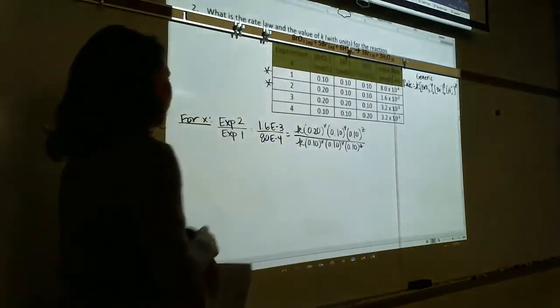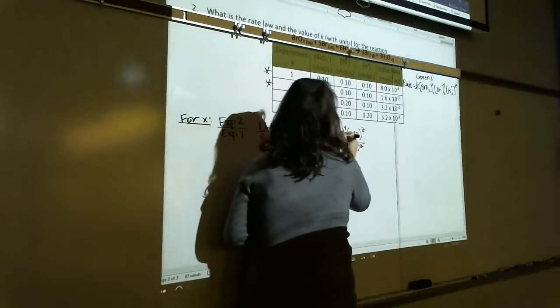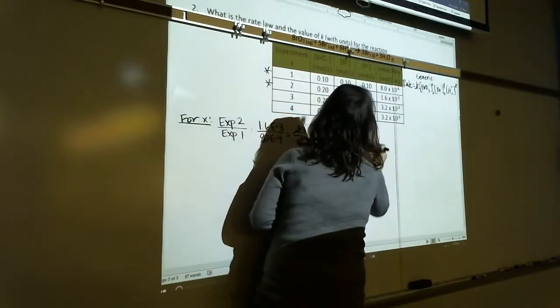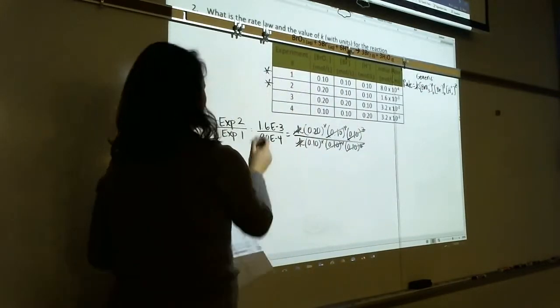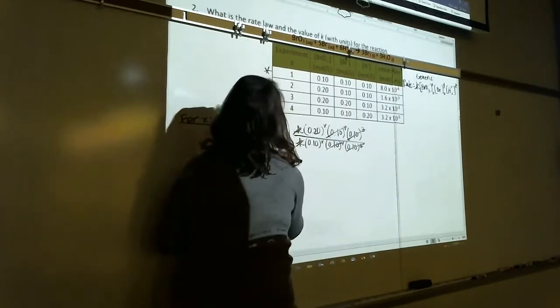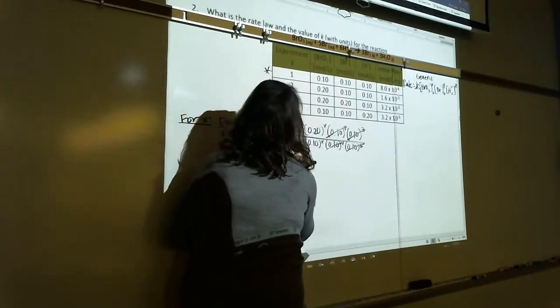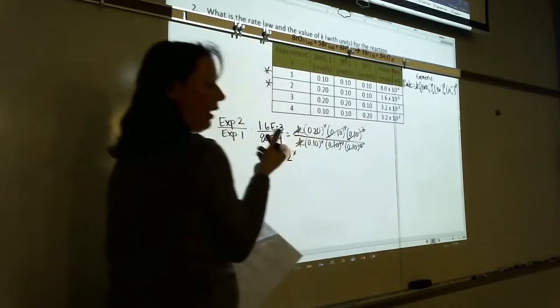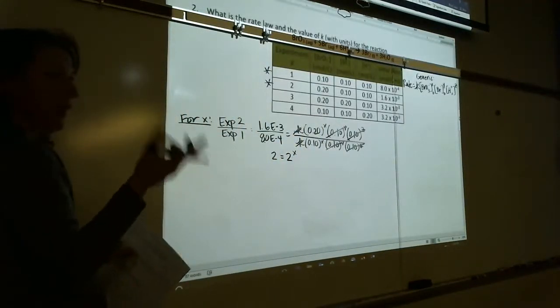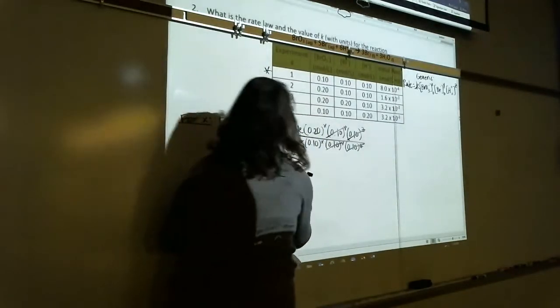Now we do our division. The k's cancel, and the 2 other quantities cancel. So when I do my division, I get 2 equals 2 to the x. If you'd done it the other way around, you'd get 0.5 equals 0.5 to the x. You're still going to get the same value for x.